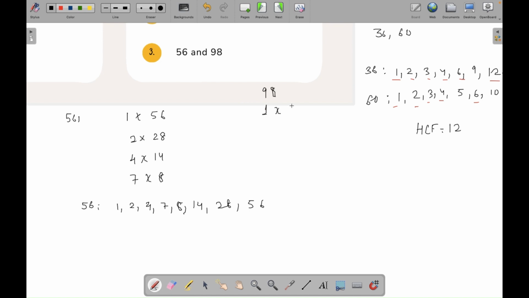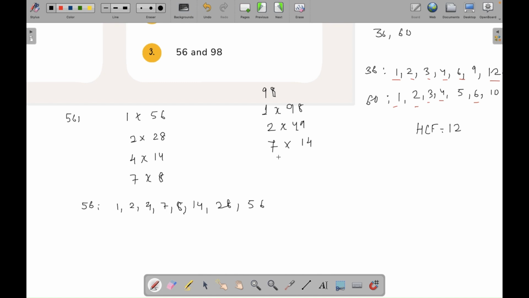Right? For 98, we'll have 1 times 98, 2 times 49, 3 it is not divisible, 4 it is not divisible, right? 5 not divisible, 6 not divisible, 7, yeah, it is divisible. So 7 times, if you just divide 98 by 7, you'll get 14, right? 8 not divisible, 9 not divisible, 10 also not divisible.